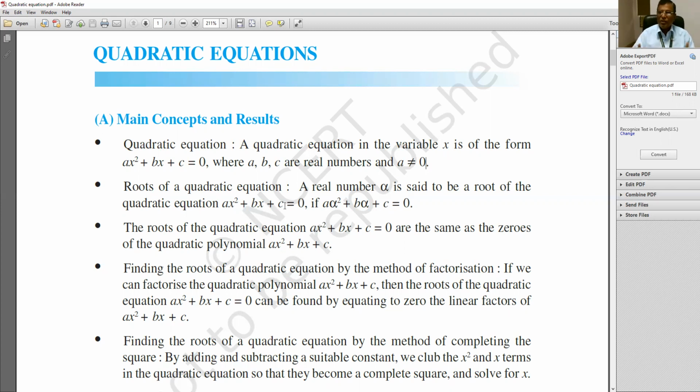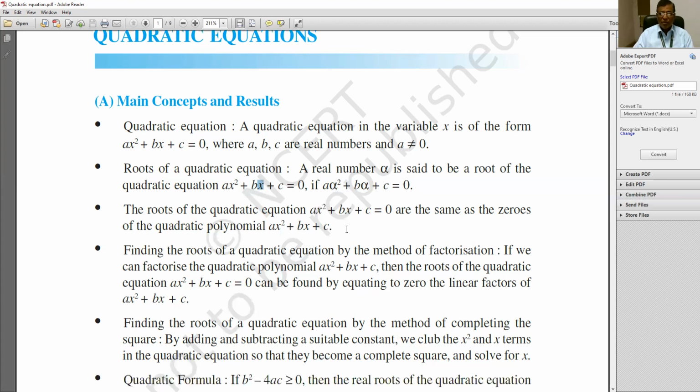If you take one root alpha, then alpha will satisfy this equation. Means if you put alpha in place of x, then it will be equal to 0. This will be a alpha square plus b alpha plus c is equal to 0.